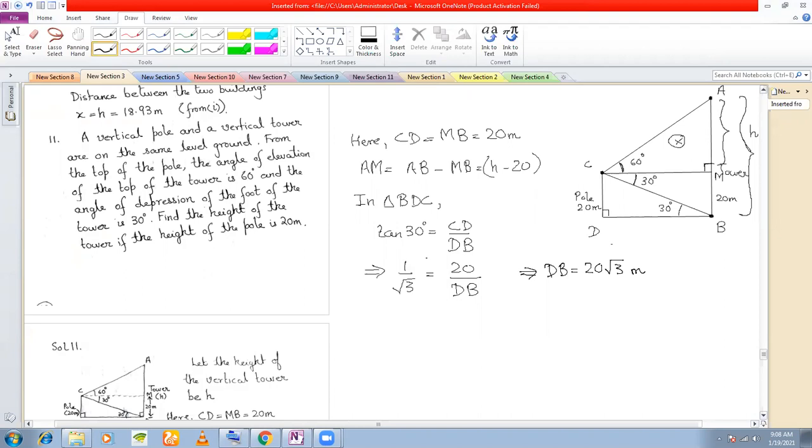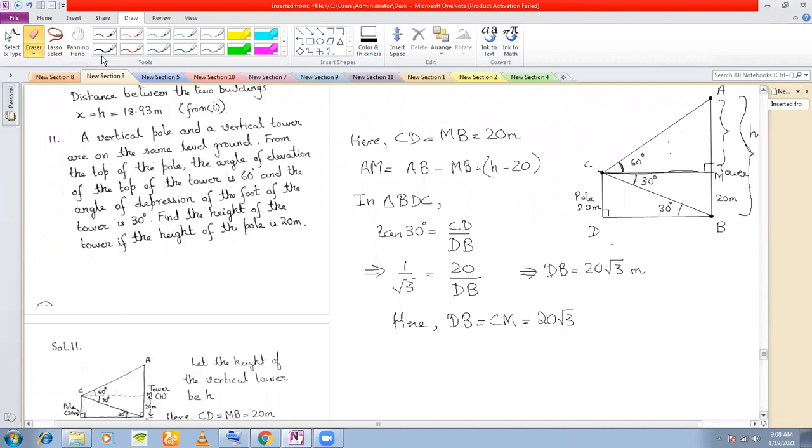Okay, fine. Once we have got DB, that means here DB and CM are equal. That means this length CM and DB are equal. So here DB is equal to CM is equal to 20 root 3. Now we are going to consider this right angle triangle here. Okay.